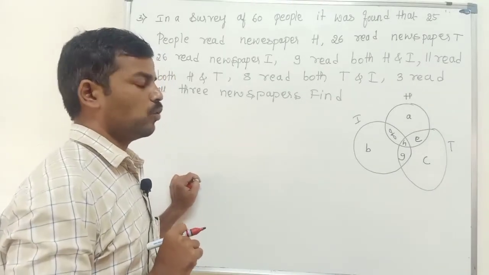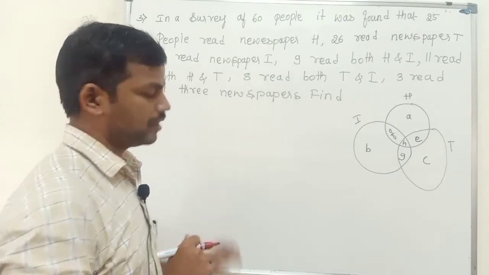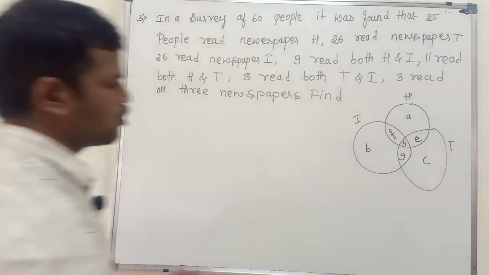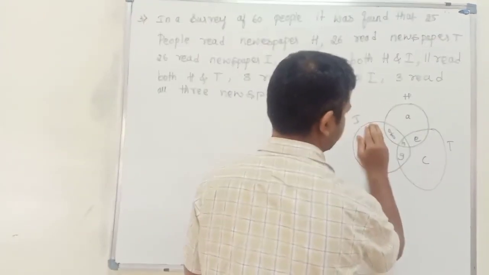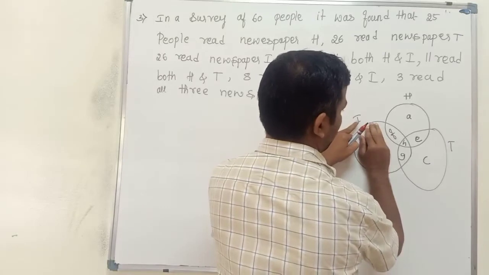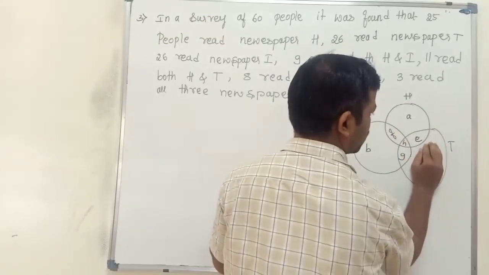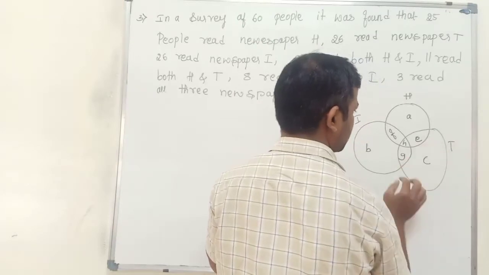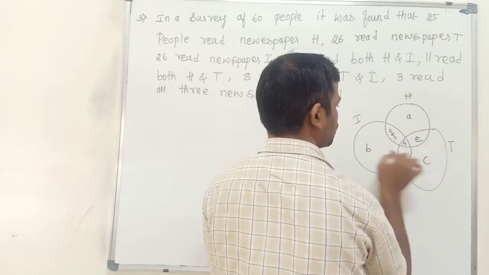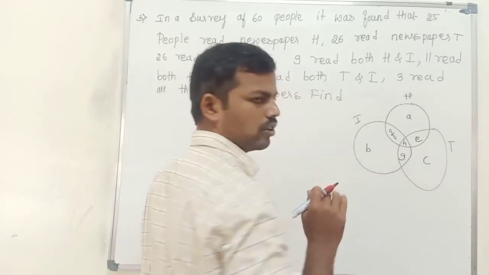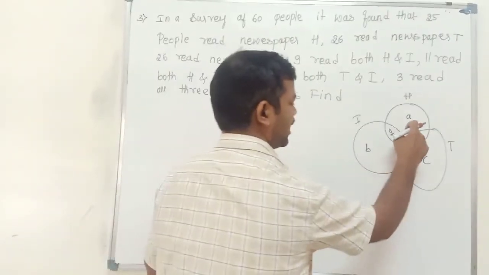But what we have to calculate, that is the second question, is the number of people who read exactly one newspaper. So A, B, C mean only H paper, only I paper, and only T paper. So we have to find out A, B, C first.